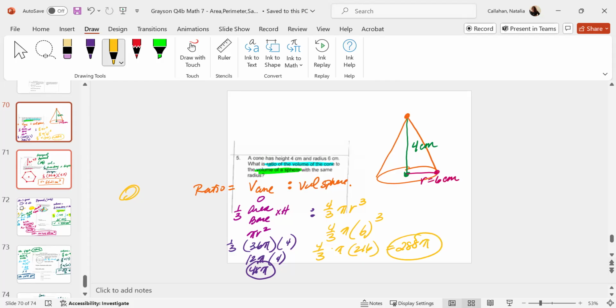So the ratio is 48 pi to 288 pi, correct? I can technically cancel the pi out and then reduce it. This will become 24 divided by 2, this will be 144, right? Divided by 2 again. 12.